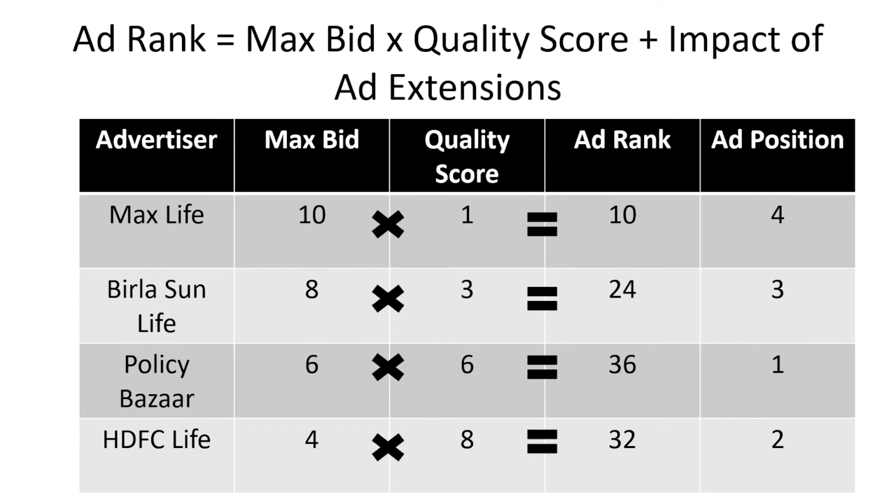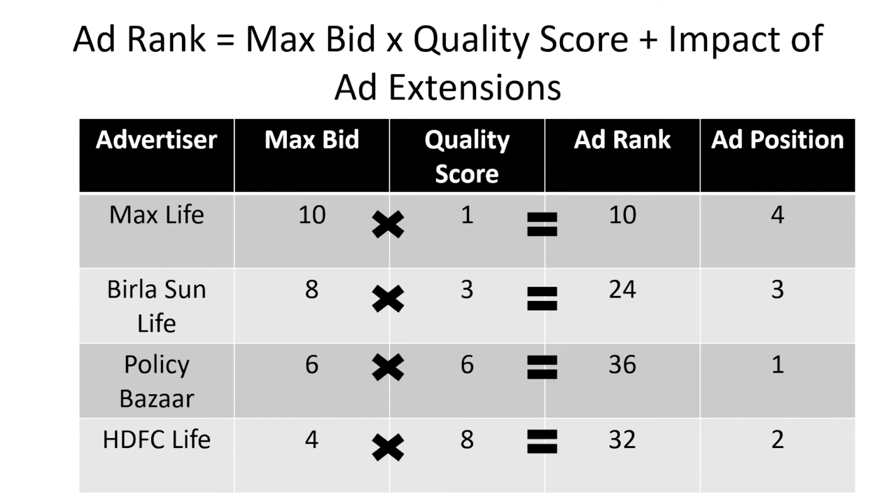So there are 1 billion search queries on a daily basis on which brands are bidding, and 1 billion times there is an auction held to determine which advertiser's ad should be shown on top or not, right?